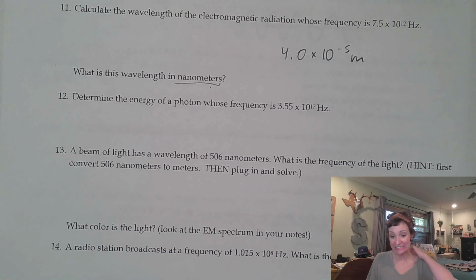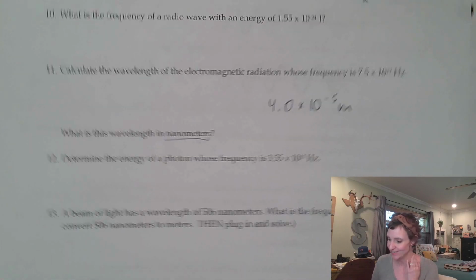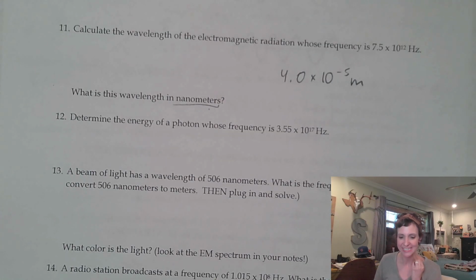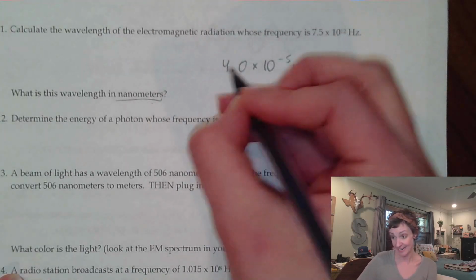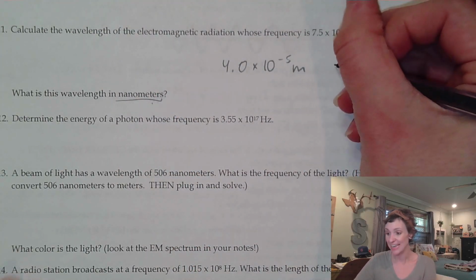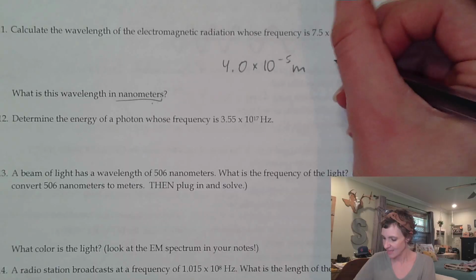So to take it a little bit smaller, we know that we are going to move that decimal 9 places in that direction, right? Sometimes I find it a little bit helpful to take it out of the scientific notation just so I can kind of see that decimal. And that is an option for you.